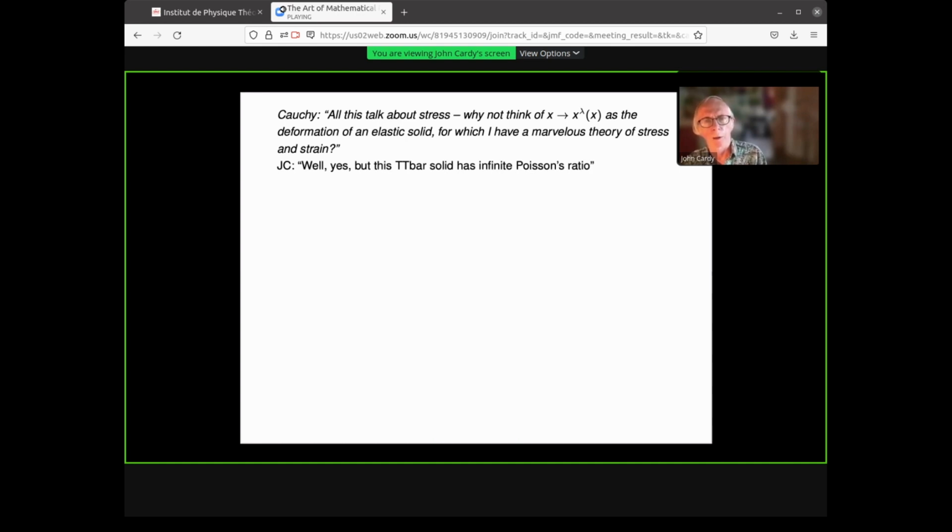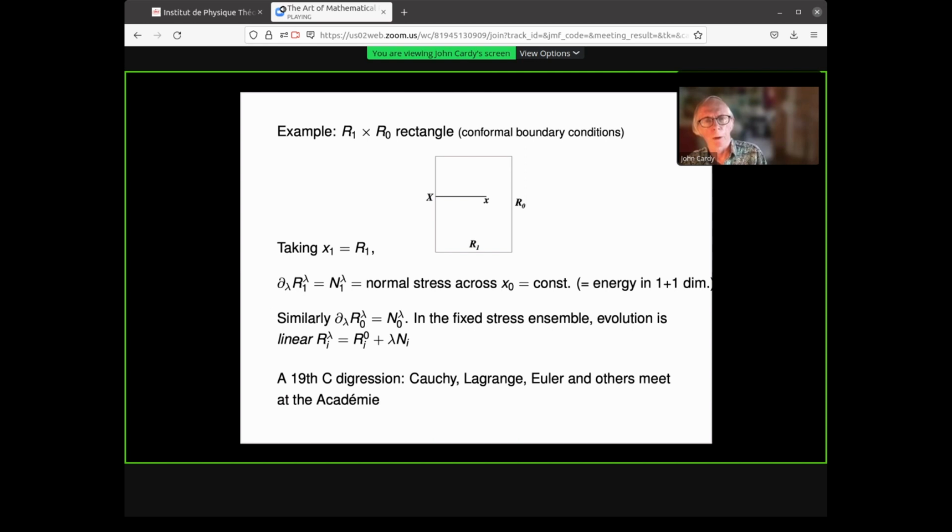What that means, and I assume that all the French people in the audience know what Poisson's ratio is, but for those of you who don't, if we go back to the rectangle here and imagine that it's a sample of an elastic solid, if you compress it from above with a normal force, the Poisson's ratio is the ratio of the amount by which it expands in a horizontal sense to the amount by which it compresses in the vertical direction.